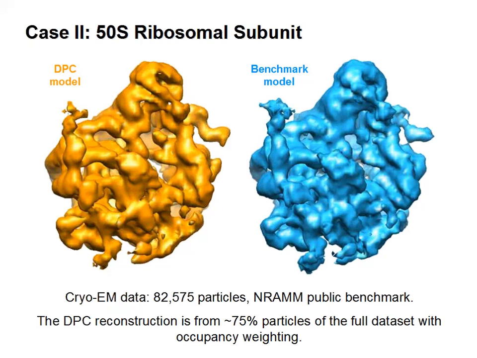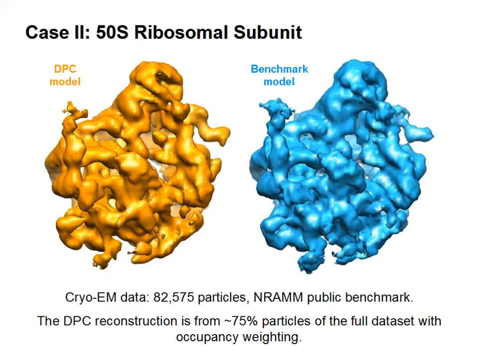On the right is the published benchmark result. I want to mention that in the DPC reconstruction, it uses only about 75% of the particles, because the other 25% as classes have been eliminated through pruning because of the low score.